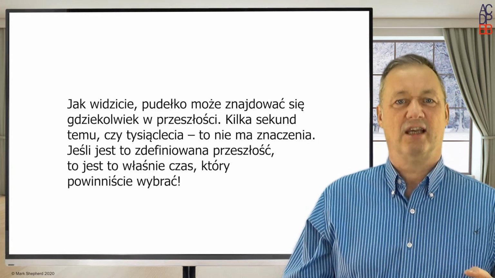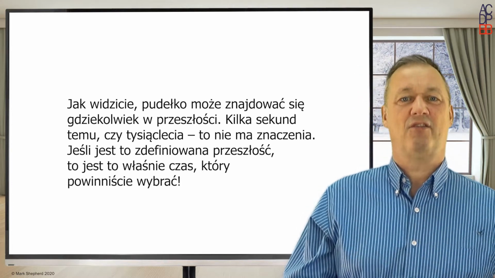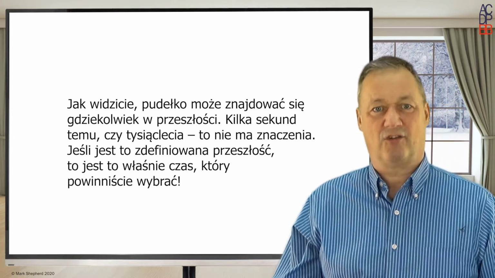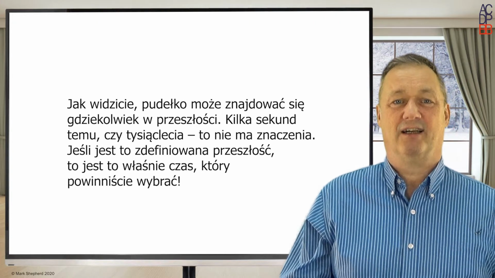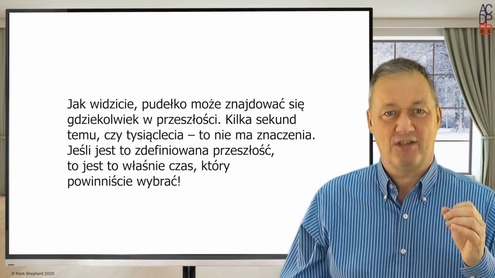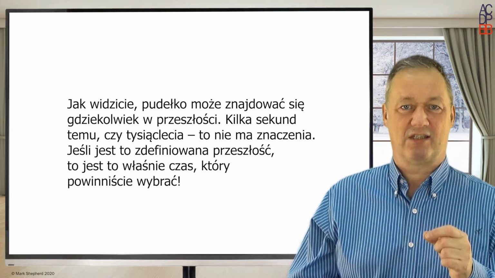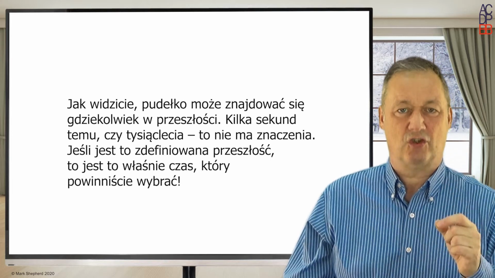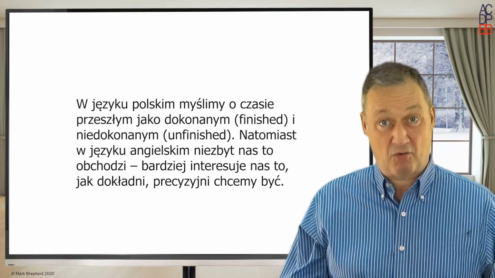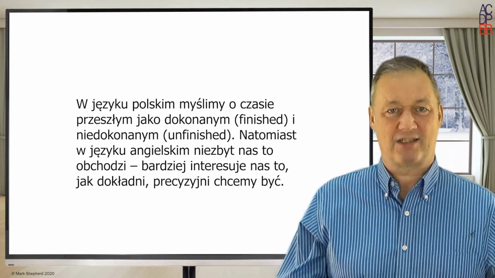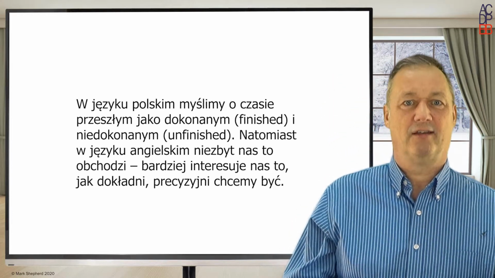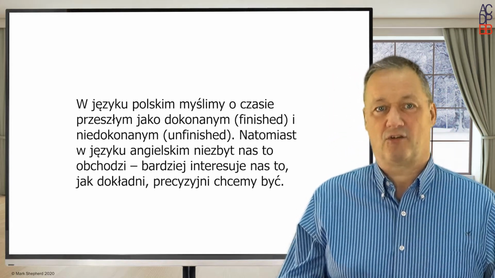As you can see, the box can be anywhere in the past. It can be a few seconds ago or millennia. It doesn't matter. If it's the named past, this is the tense to choose. Now in Polish, we think of the past as finished, dokonane, or unfinished, niedokonane.